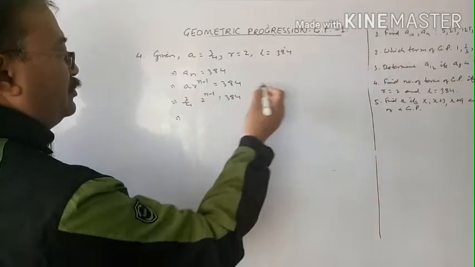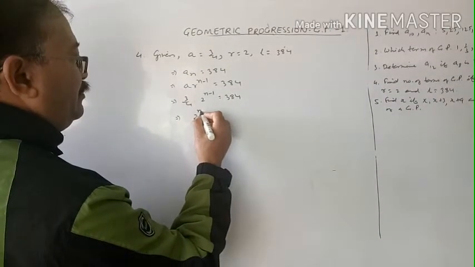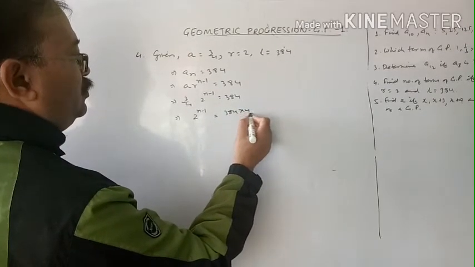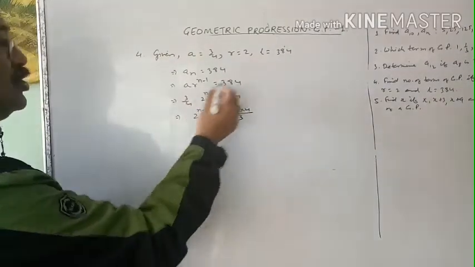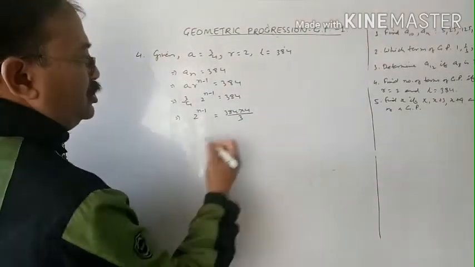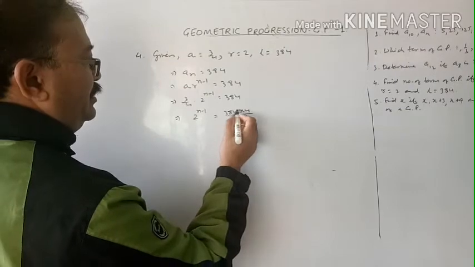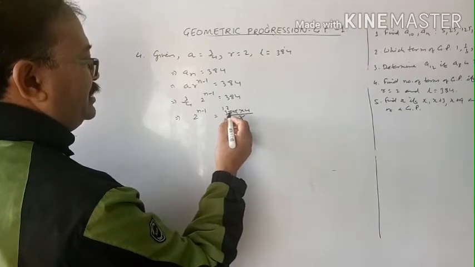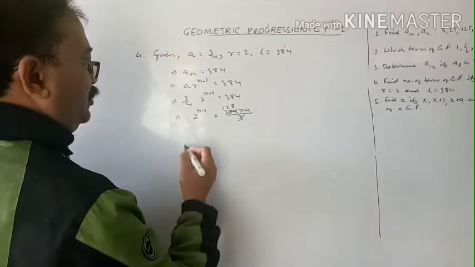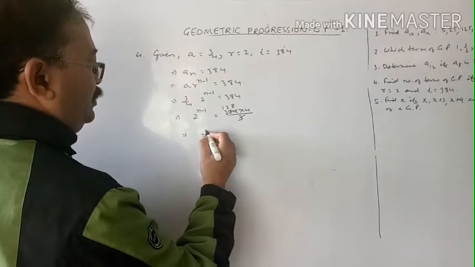If you take 3 by 4 to the right hand side, then you get 2 to the power N minus 1 is equal to 384 into 4 by 3, because cross multiply, 4 will multiply 384 and 3 will divide. If you simplify this, 3 1s are 3, 3 2s are 6, 3 8s are 24. So 2 to the power N minus 1 equals 128.